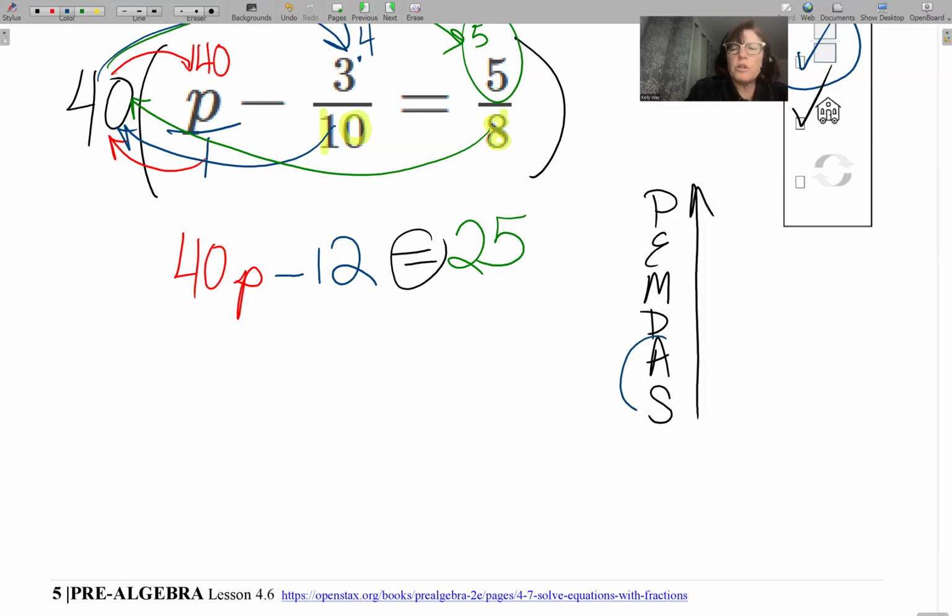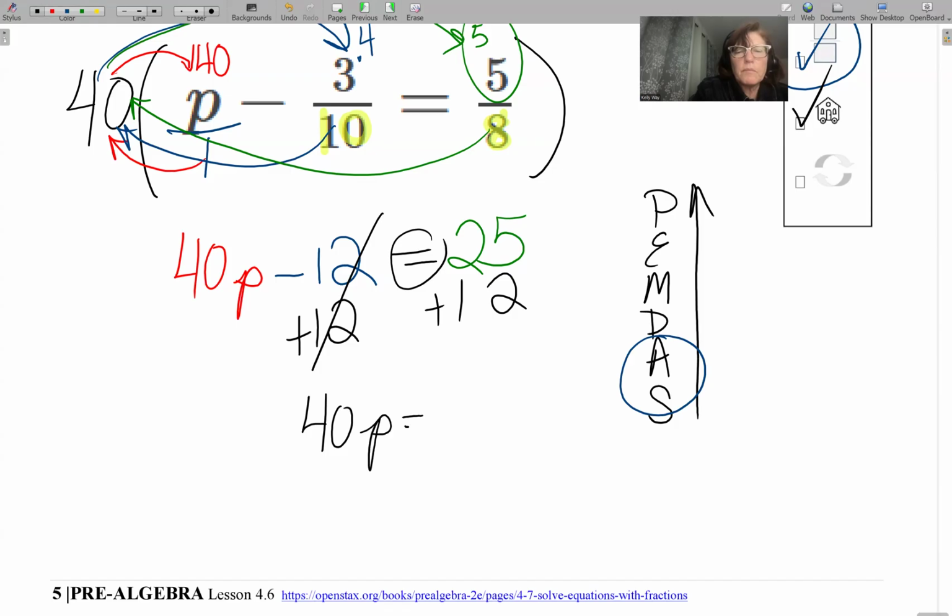So we do addition and subtraction first. So negative 12, we're going to add 12. 5 plus 2, that's 7, 37.